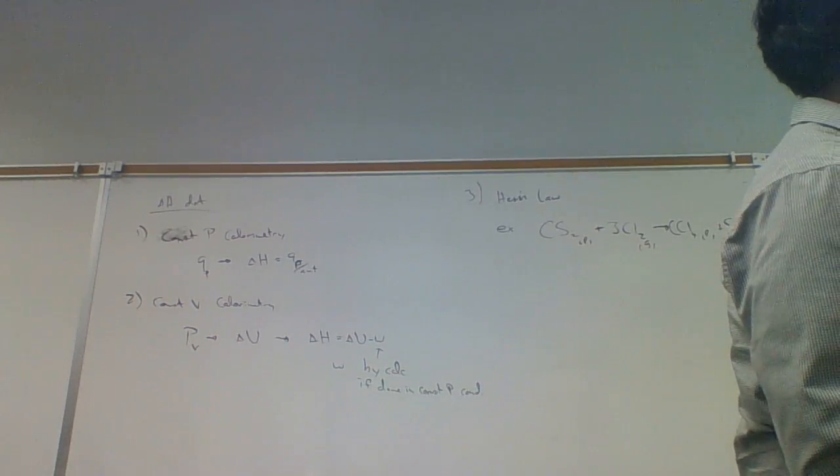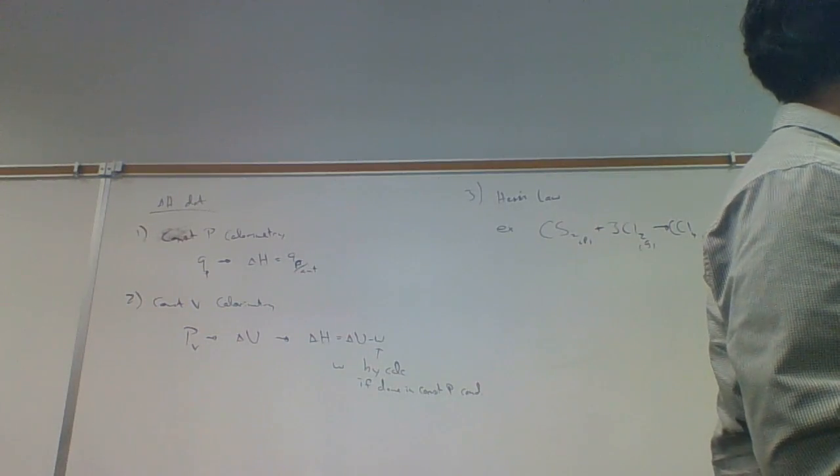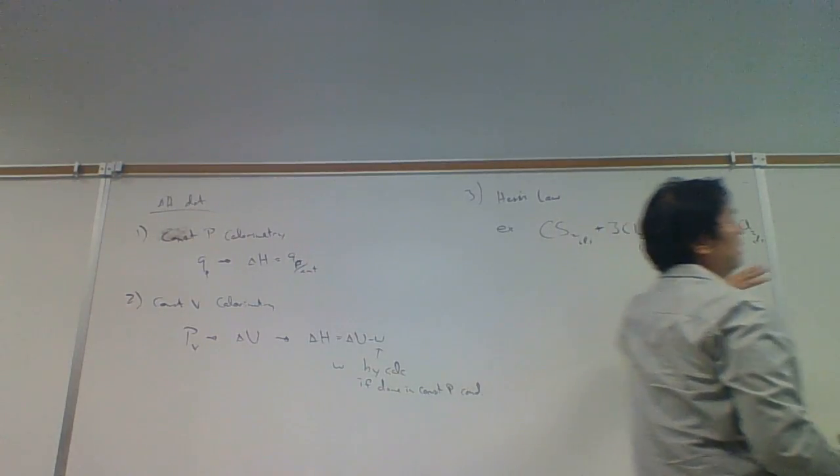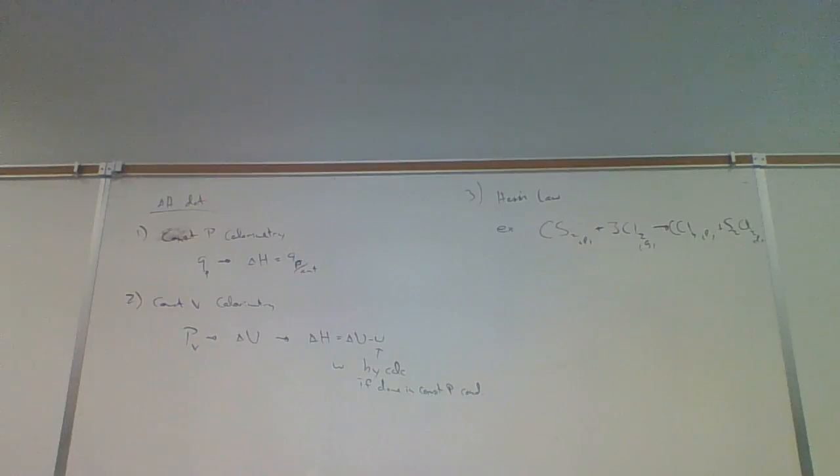We look at all these reactions here, and we go, okay, what do we want? We want 1 mole of CS2. Do any of these have CS2 on the left? The first one does. It's convenient. Do any of these have CS2 on the right? None of them. One thing we could do is just flip the reaction backwards. There's no problem with that. We just change the sign. But this first reaction has CS2 on the left.